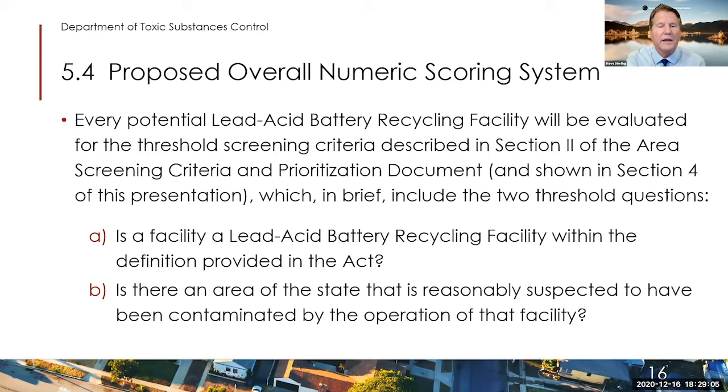And 2, is there an area reasonably suspected to have been contaminated by the operation of that facility? Once again, after answering these two questions, each area for which the answers to both of these questions are yes will qualify for use of lead acid battery cleanup fund monies and will be scored and prioritized for investigation or further evaluation. For each of these qualifying areas, an overall total score will be calculated using the following process.